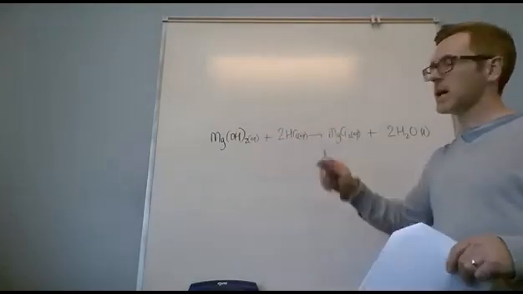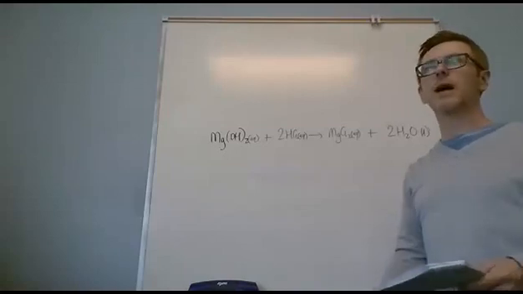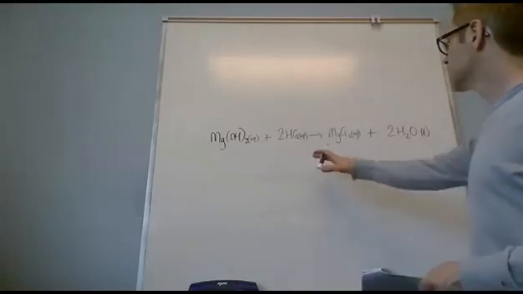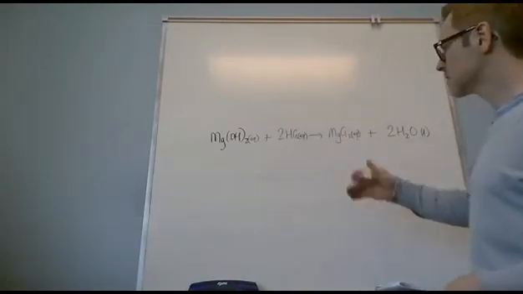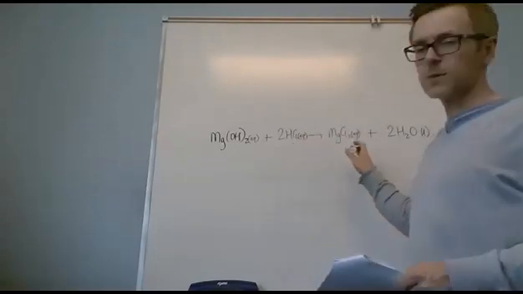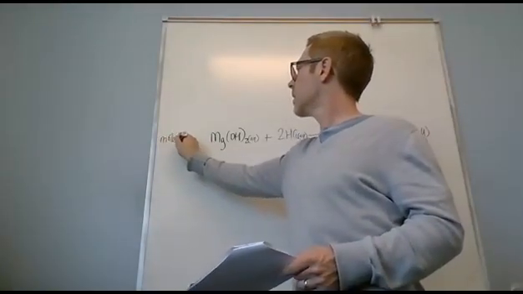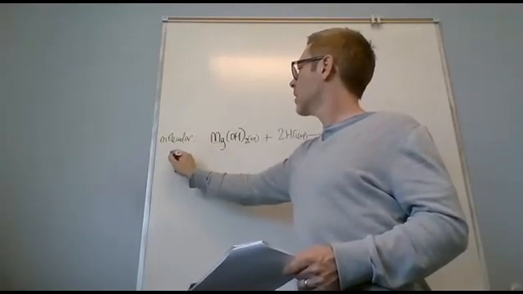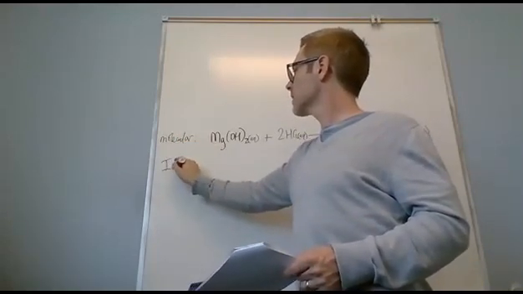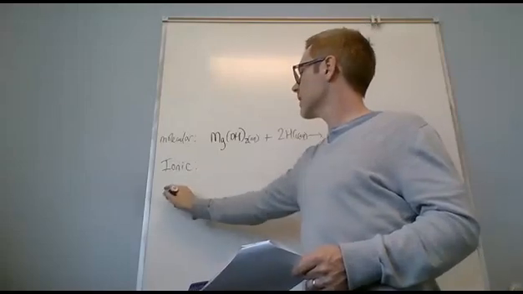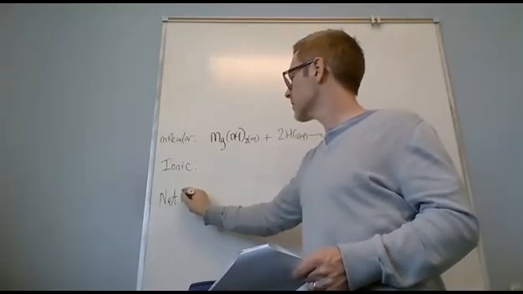You'll be told if it's aqueous or not. You just have to then react to that information. So here we have an equation, it's balanced. There's no exposed charges, so it must be the molecular equation. Let's convert it to an ionic equation and then a net ionic equation.